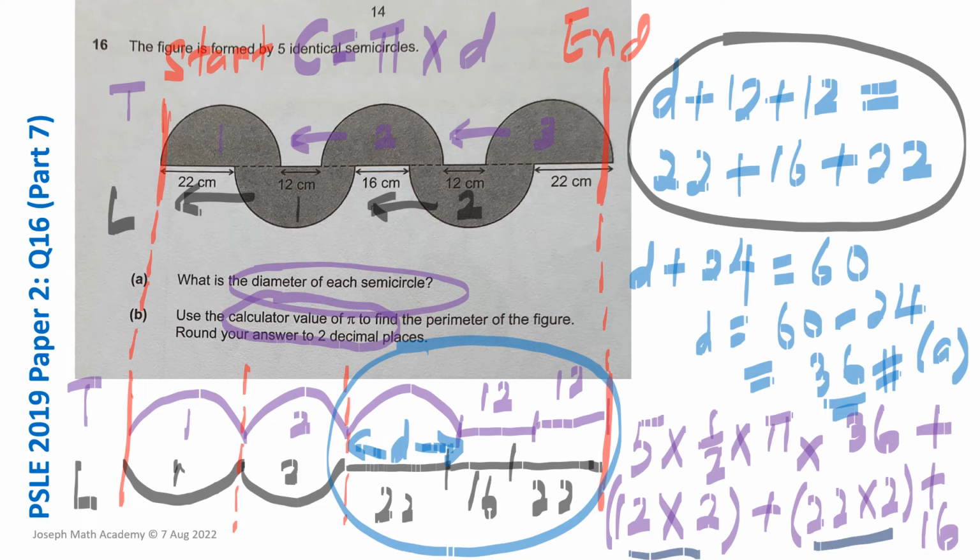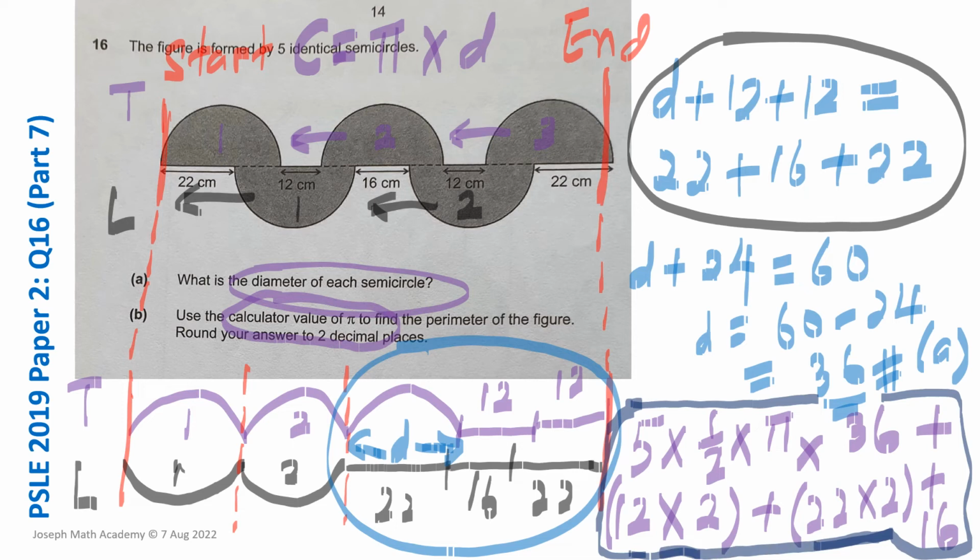So the answer needs to be rounded to 2 decimal places. If you key in what I've written here, I'm going to box it up. If you key in all this, what should we get?